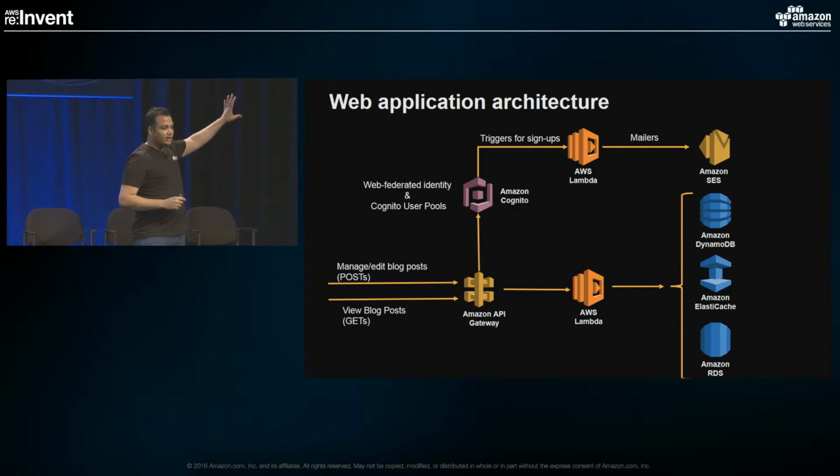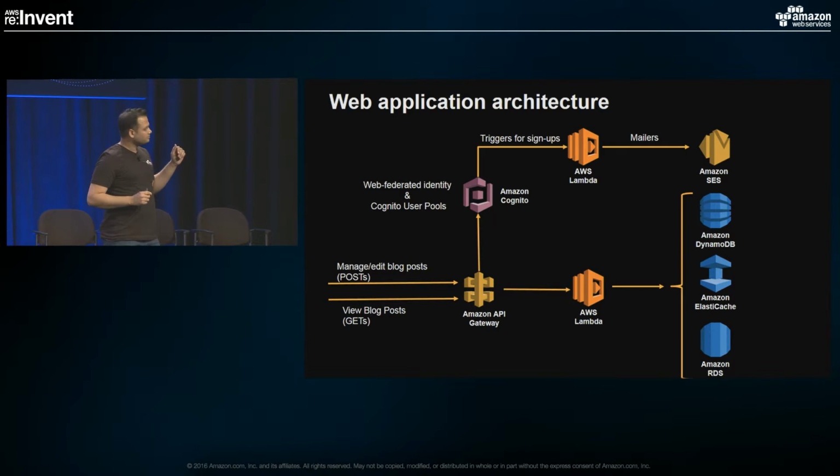That's all provided by Cognito. And your Lambda function will trigger that email. Once you get your authorization email, you will connect to your blog website. And at that point, your AWS Lambda can help you connect to each one of the data tiers.